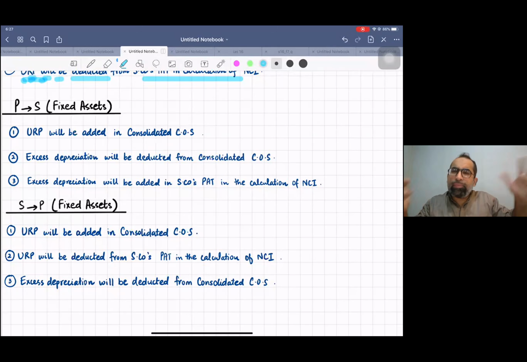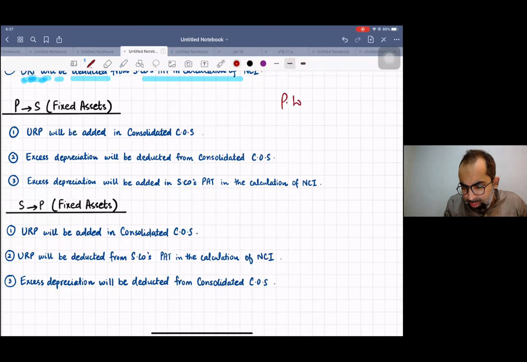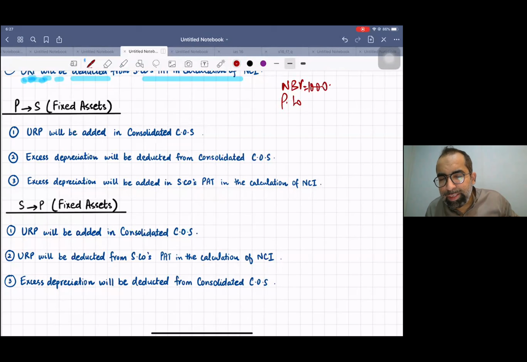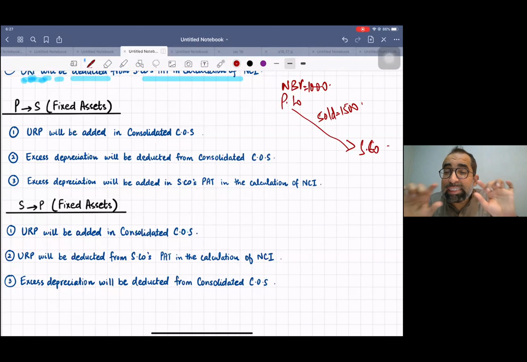So now if P company, this example I already gave you in the balance sheet topic, P company with a non-current asset of NBV of 1000 sold to S company for 1500. Okay, but still this is not going to come in the sales portion.